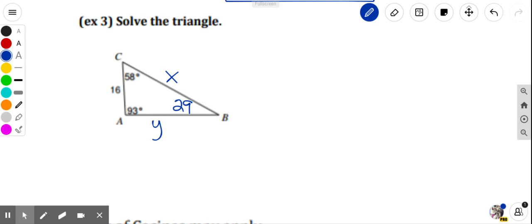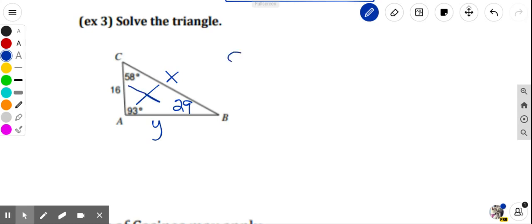So then you would just set it up. You want to do one equation for X and one equation for Y. Do not put one equation with X and Y in it. That's too messy. One for X, one for Y. So the one for X is going to have 93 and then 16 and 29.